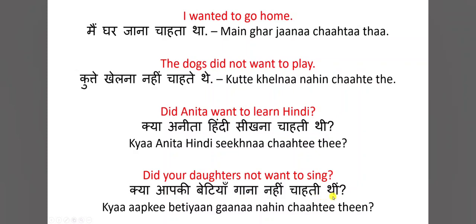Here ती and थीं are selected because बेटियां, daughters, is feminine and plural. Okay? Yes. So this is how we frame sentences with wanted.